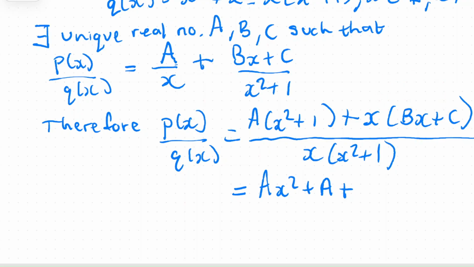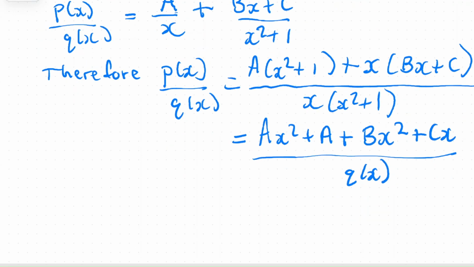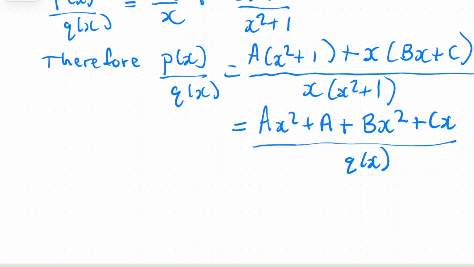So that would give us b x squared plus cx divided by q of x. So I'm just writing this in a simpler version. It's still okay if you write the actual q of x, which would be x times (x squared plus 1), but I'm just writing q of x to make things simpler and easy to read.